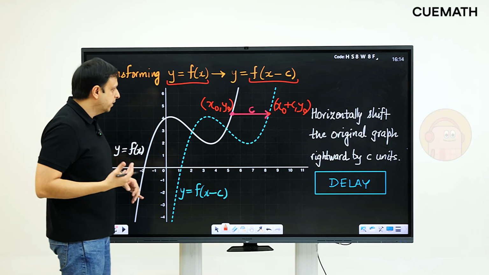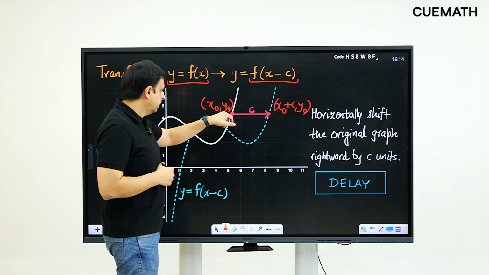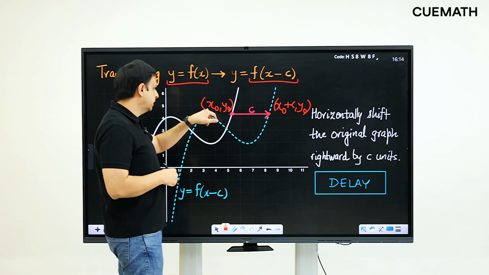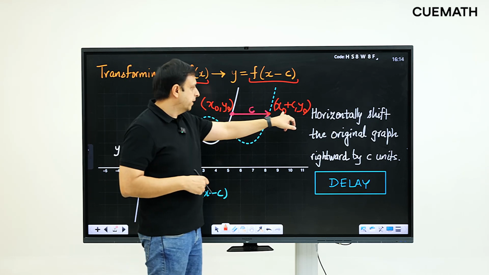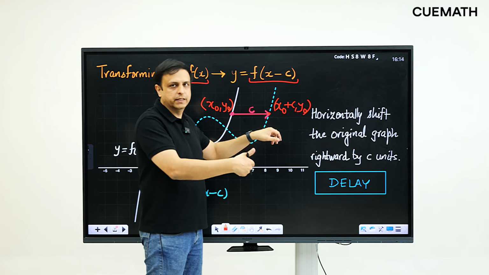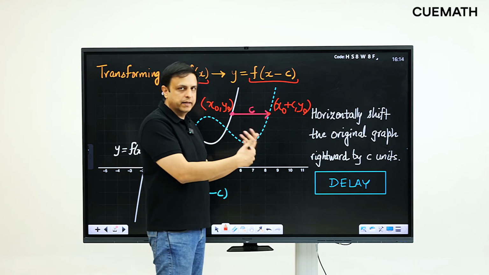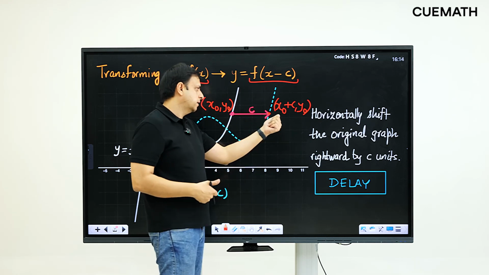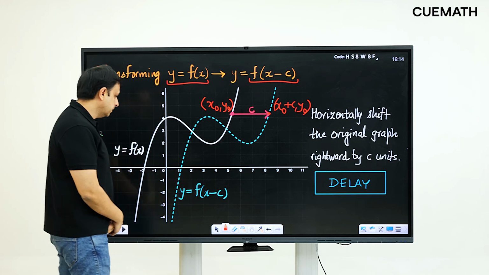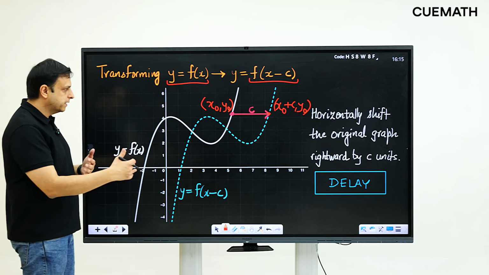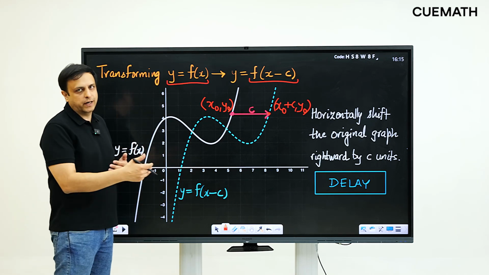And why a delay? Because the same output y naught, which was originally coming for the input x naught, is now coming for the input x naught plus c. So, the same output is now coming later, it is coming for a higher input, and that is why a delay. So, this is horizontal leftward or rightward shifting.